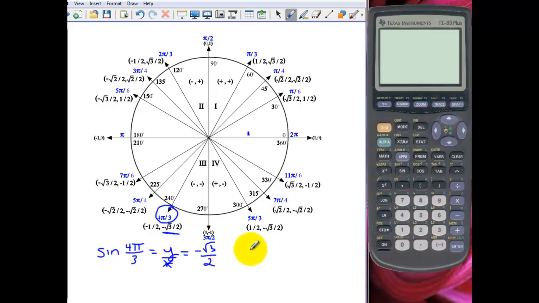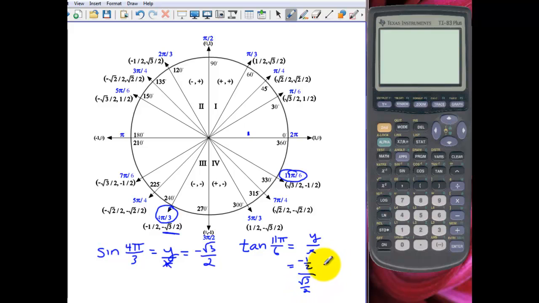To find a tangent value, let's say we wanted to find the tangent of 11 pi over 6. Remember the definition of tangent is y over x. So if we go to 11 pi over 6, our y value is negative 1/2, and our x value is square root of 3 over 2.